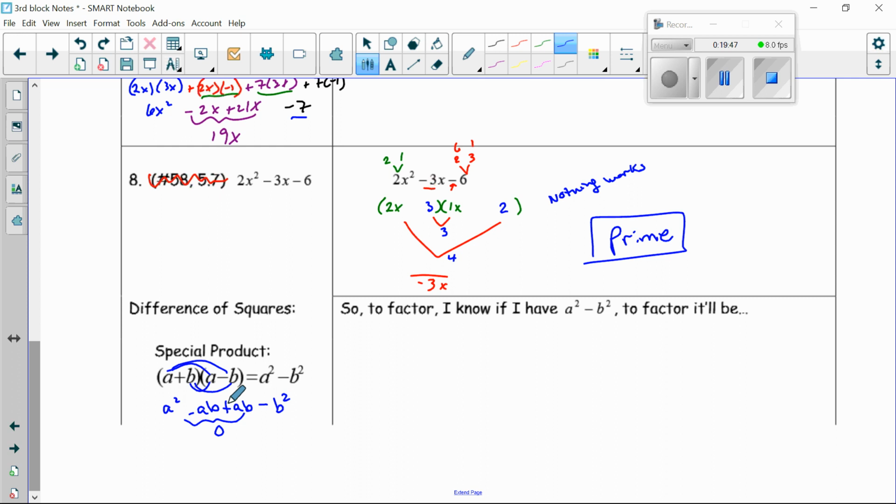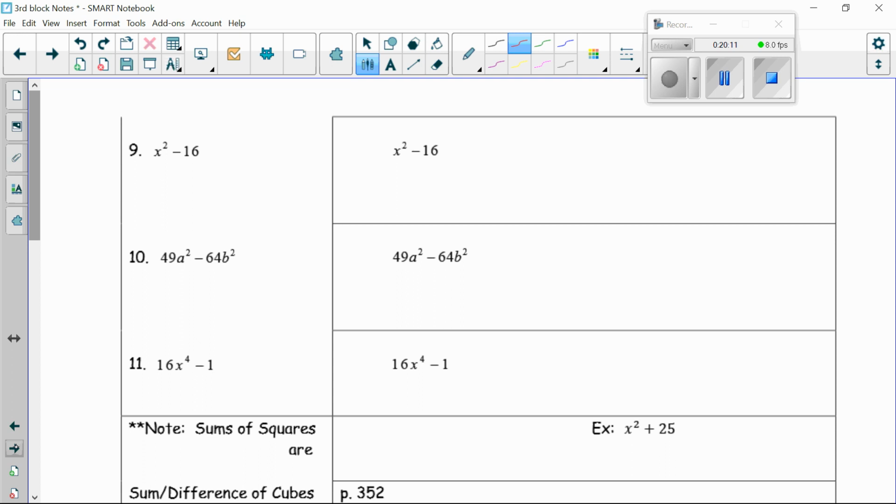And so anytime you're factoring a difference of squares, you know what those factors will be. You know the factors will always be the roots of these 2 numbers, 1 plus and 1 minus. Now the order of the plus and minus doesn't matter, but 1 will be plus and 1 will be minus every single time. So that makes these go fairly quickly, right?